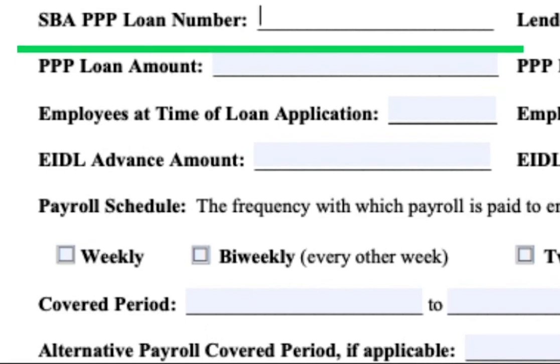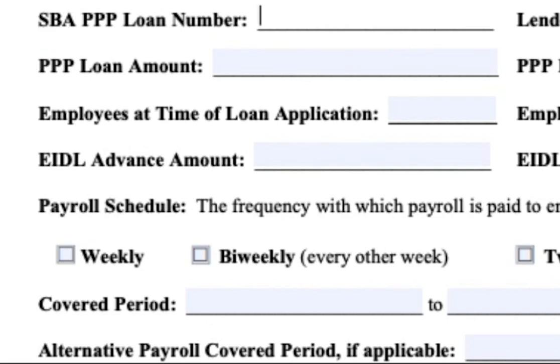This is different from the lender's loan number. So if you cannot locate that loan number, you need to contact your lender, and your lender should be able to provide that for you. Do not contact the SBA because they're not going to be able to help you. Contact your lending bank and they should be able to provide that loan number for you.